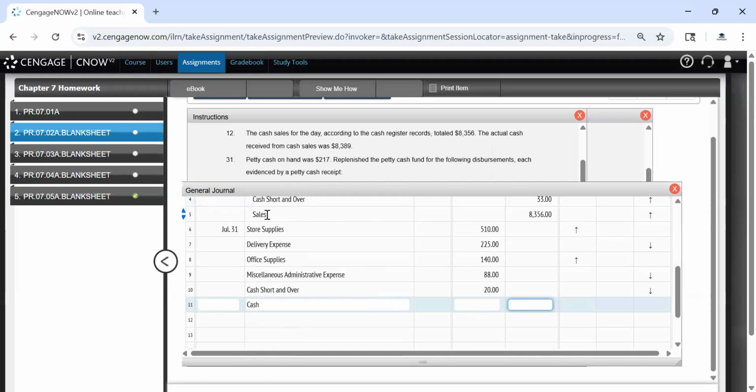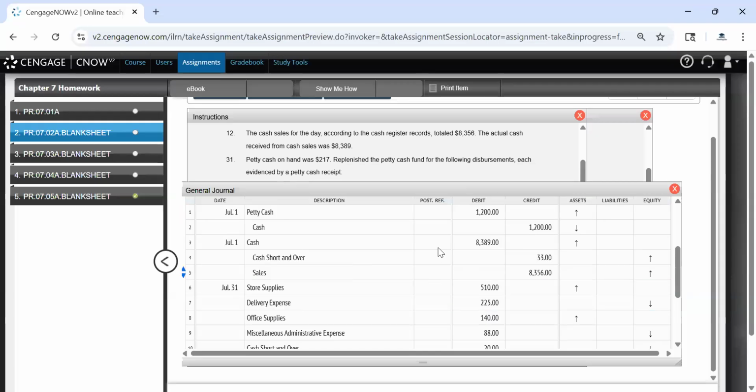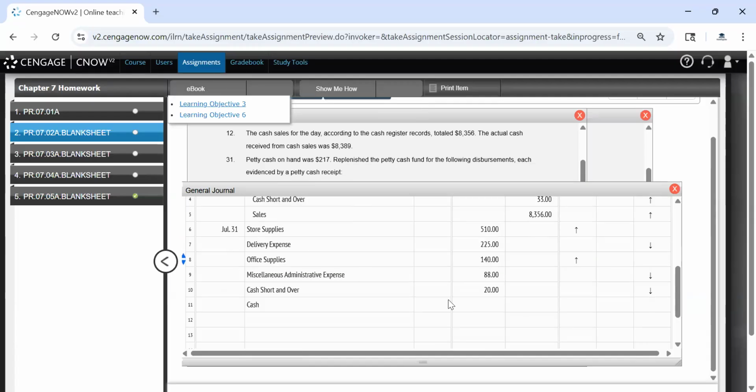And the petty cash account is only used when the fund is initially established or increased or decreased. And as part of our control, at all times, the petty cash has to equal the amount in the petty cash fund plus the receipts that we have here that equal the petty cash fund.